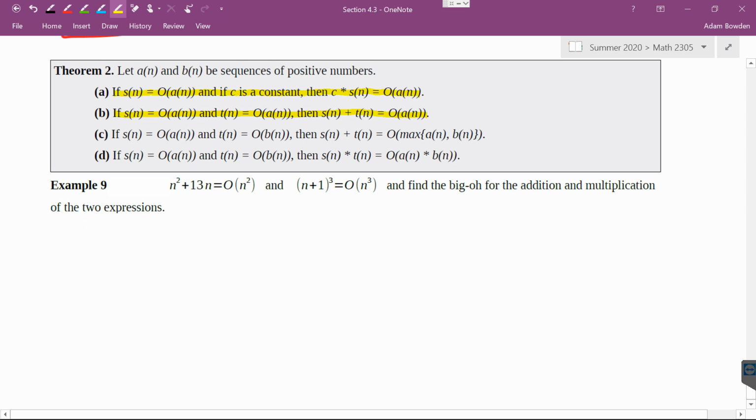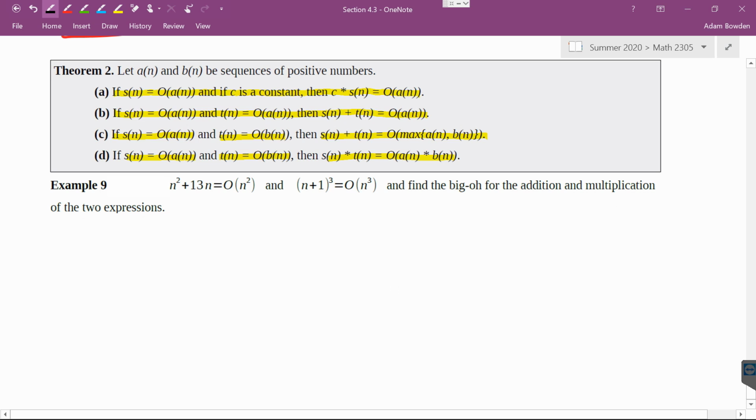And this works also if one is big O of a of n and the other is big O of b of n, then the addition of the two is big O of the maximum of a or b of n. And then if you have these two, big O a of n, big O b of n, multiplication will also result in multiplication of a of n and b of n.